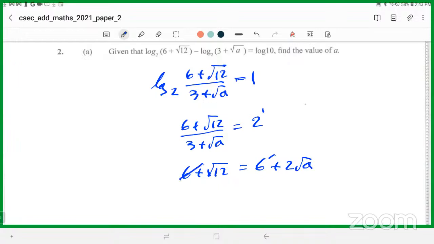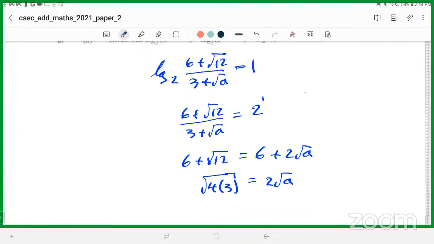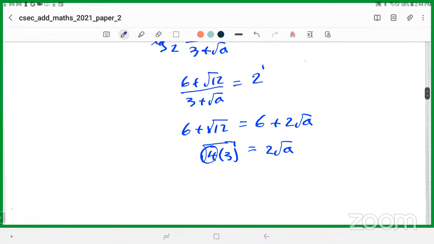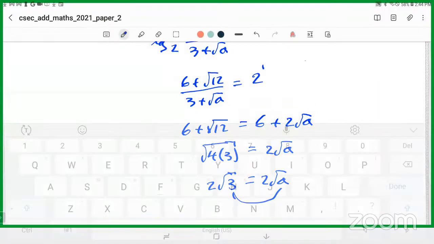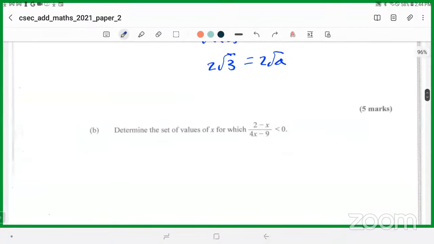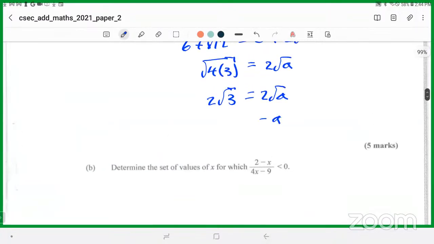So the 6s cancel. This root 12 is the same as root 4 times 3, equals 2 root a. The root of 4 is 2, so it becomes 2 root 3 equals 2 root a, which means that a equals 3. That's the answer.